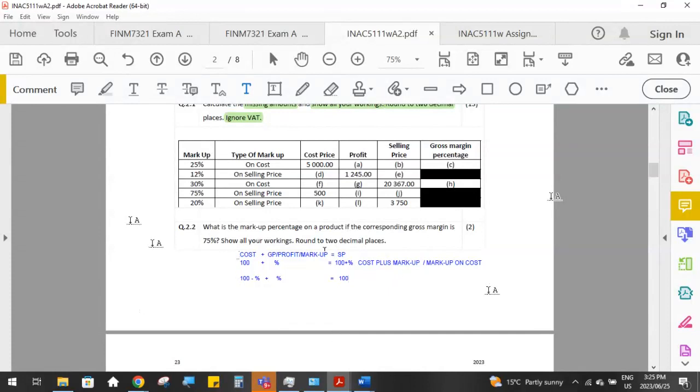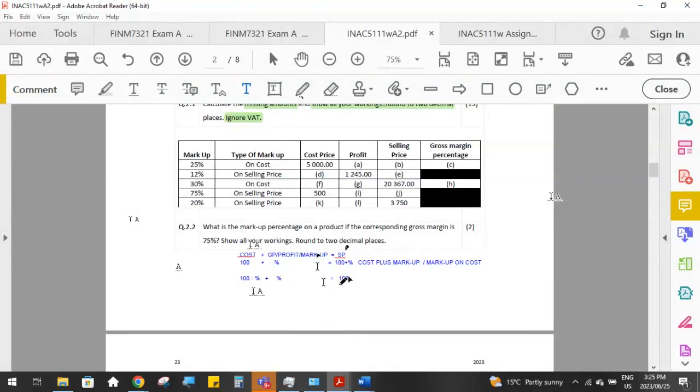So it all depends on what is your base. Did they say it's markup on cost? In which case your cost is your base and you put the 100% under cost. If they say it was markup on selling, then selling is your base and you put the 100 under selling. But your basic equation, cost plus profit equals selling, is exactly the same.